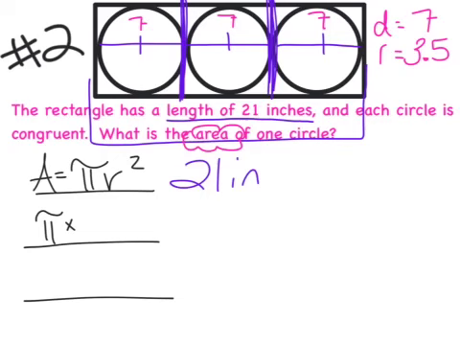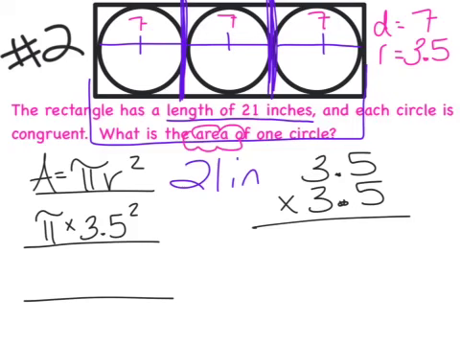But I still have to multiply it by 3.5 squared. Well, I don't know what 3.5 squared is, so I'm going to have to come over here and do 3.5 times 3.5. And when you multiply those together, you're going to get 12.25.